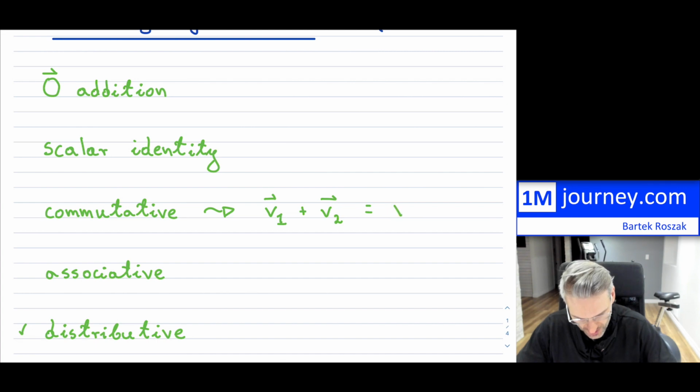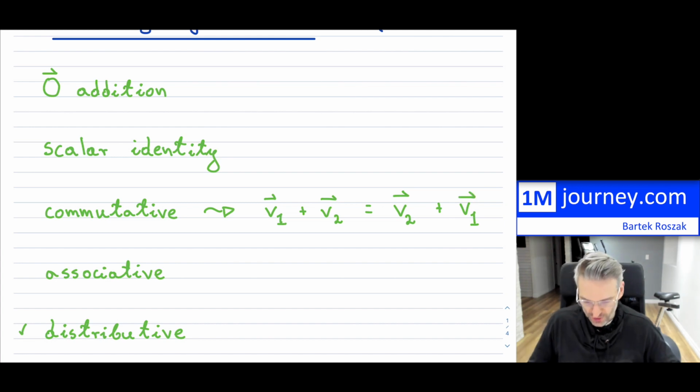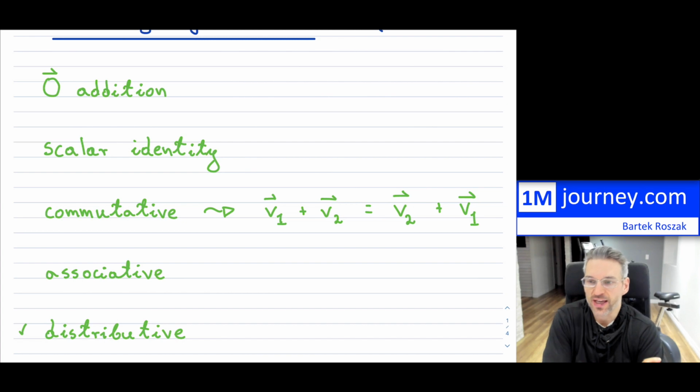Which means you can take v2 and add it to v1. This is called the commutative property. In terms of pronunciation, I guess it's the commutative property, if I want it to be correct.